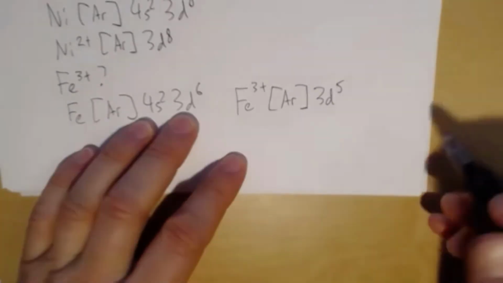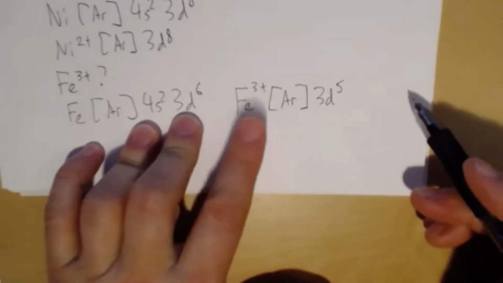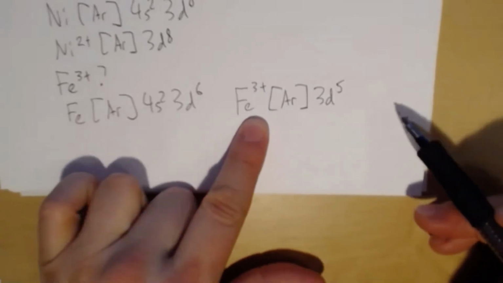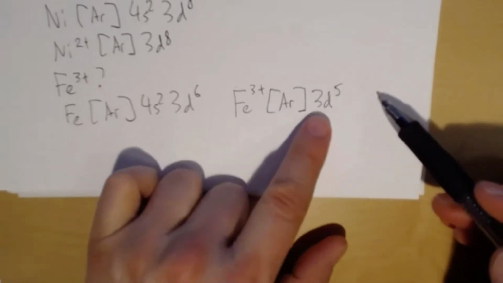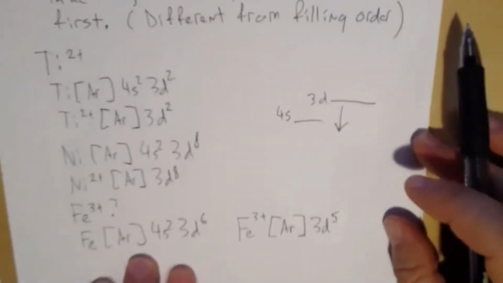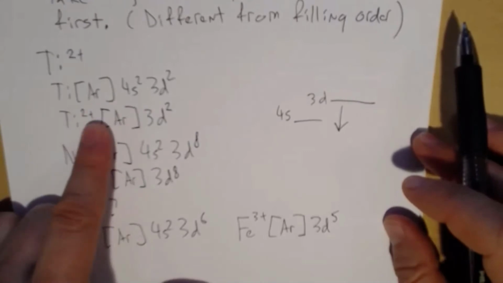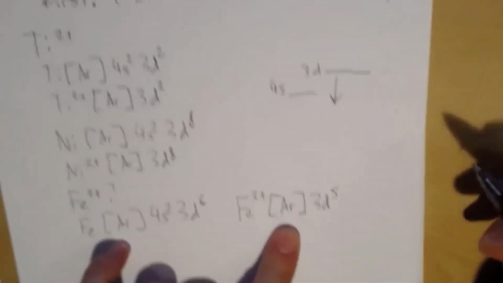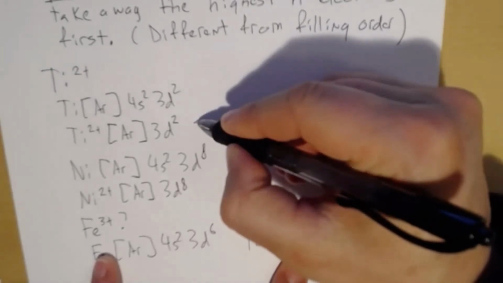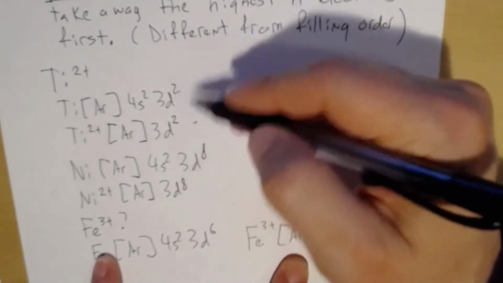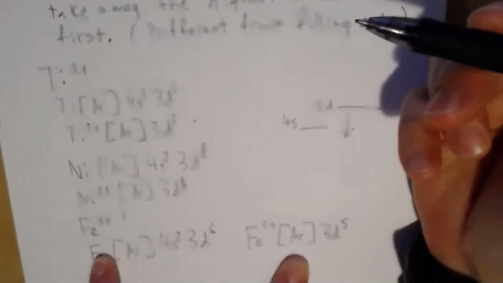Sometimes the transition metal ions will react to either get an empty shell, like titanium, or to get a half fill. Titanium 4+ would be an empty shell.